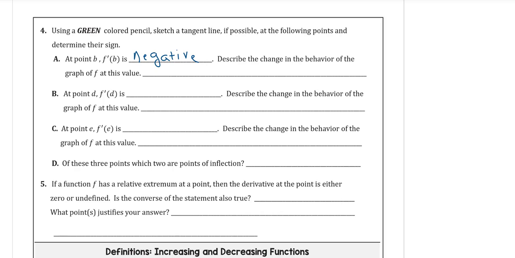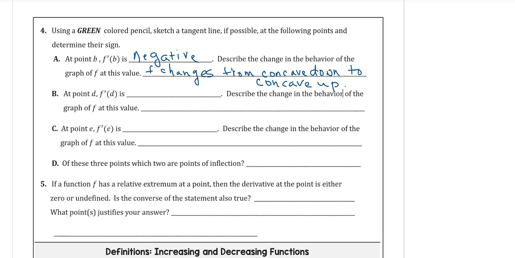Describe the change in behavior of the graph of f at this value. F changes from concave down to concave up.